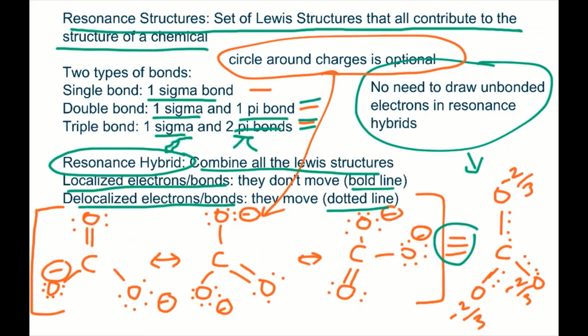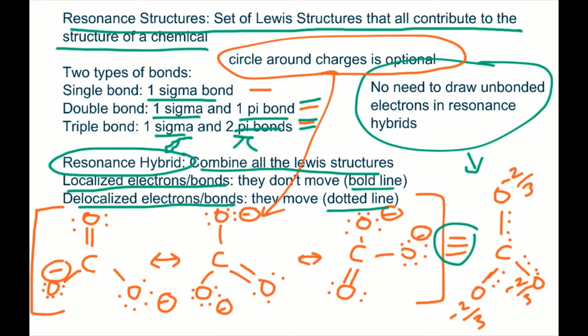So for this reason, the pi bond, which you could think of as the green one circled over there, is something that's not constant. Therefore this pi bond can be considered a delocalized bond because it hops around from this oxygen to this oxygen and then to this oxygen. So that's how you draw the resonance hybrids, by drawing the bold and dotted lines and making sure that you distinguish between the two.